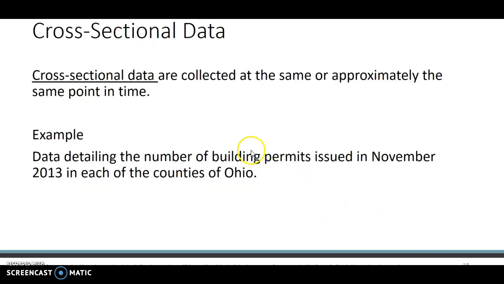We have cross-sectional and time series data. Cross-sectional data are collected at the same or approximately the same point in time. Data detailing the number of building permits issued in November of 2013 in each of the counties of Ohio would be an example of cross-sectional data.